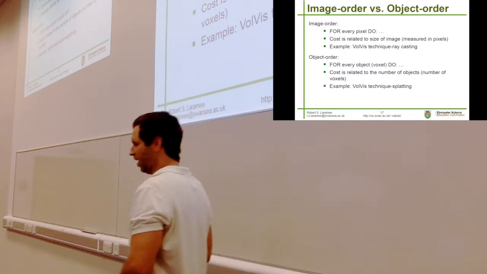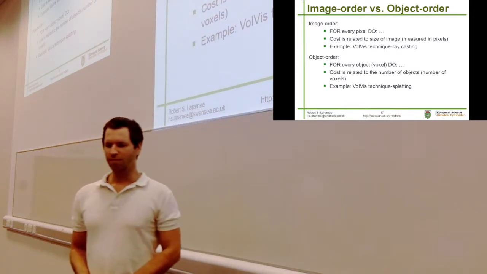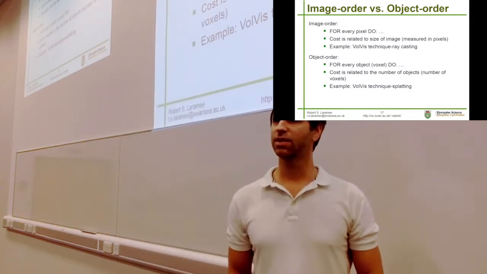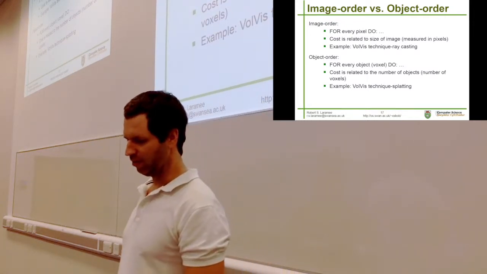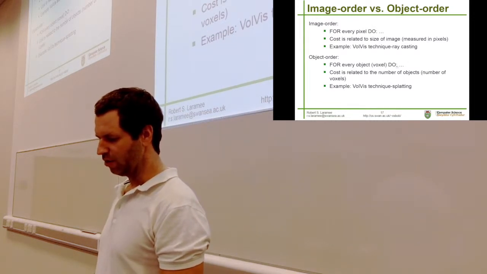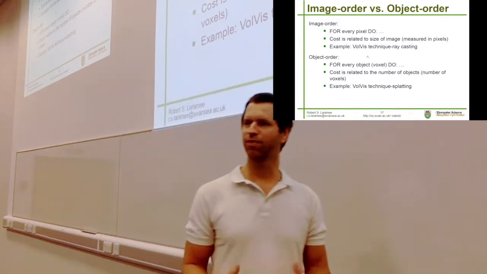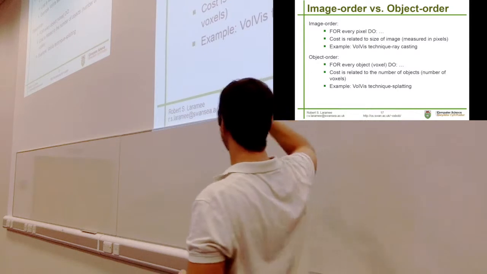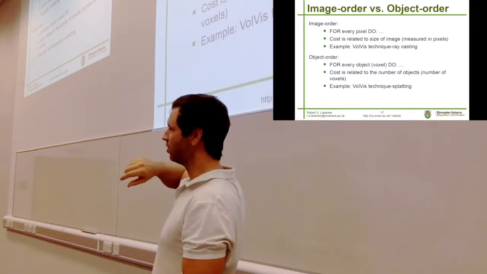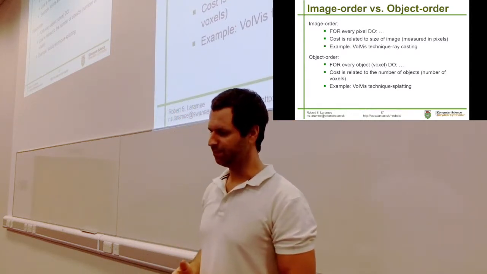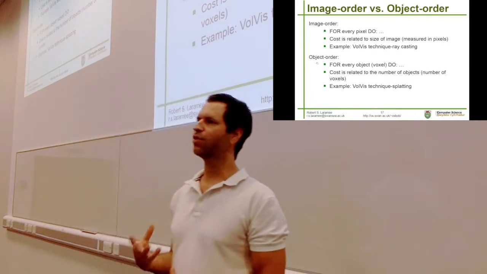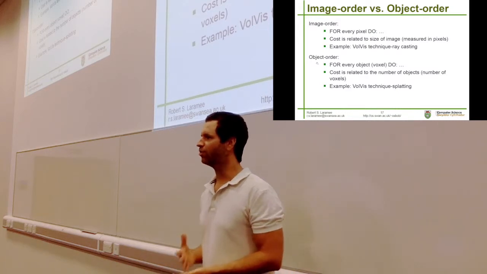Now, the one that's less familiar to you is called an object order technique, and in that case, we go into 3 dimensions, or object space, or volumetric space, and the outer processing loop looks like this. For every object or voxel, perform some operation. So instead of traversing image space, we're traversing object space. Object space is another way of saying 3D space or volumetric space.